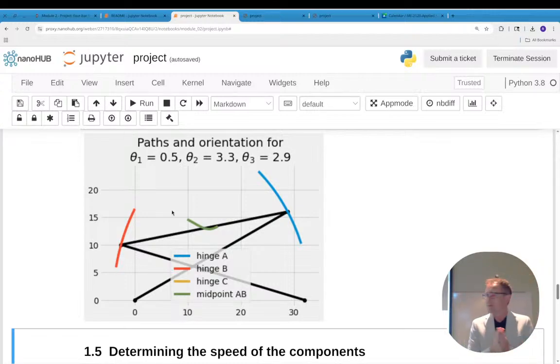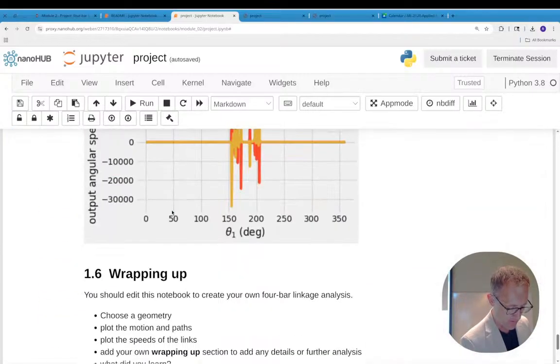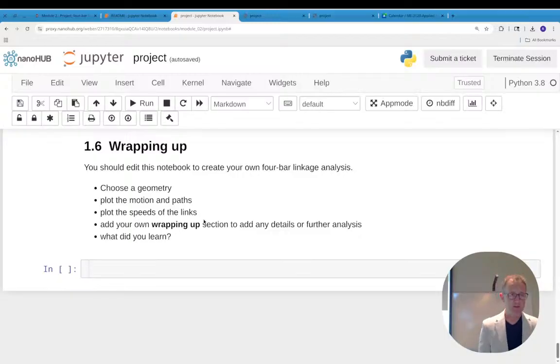All right, so I'll check in again on how things are going, but I wanted to talk about wrapping up. There are some general things, like plot the motion, some of which is sort of filled in, but everybody's analysis is going to be a little bit different.